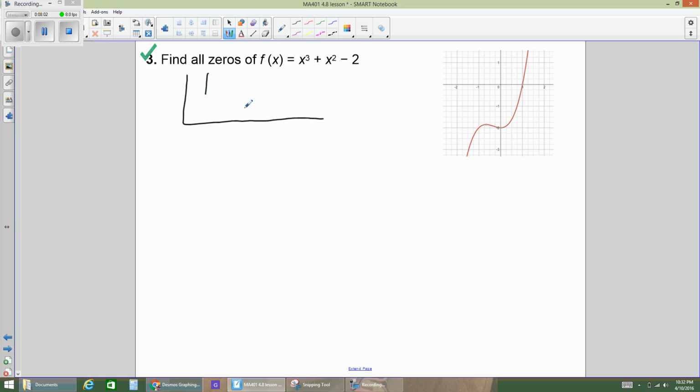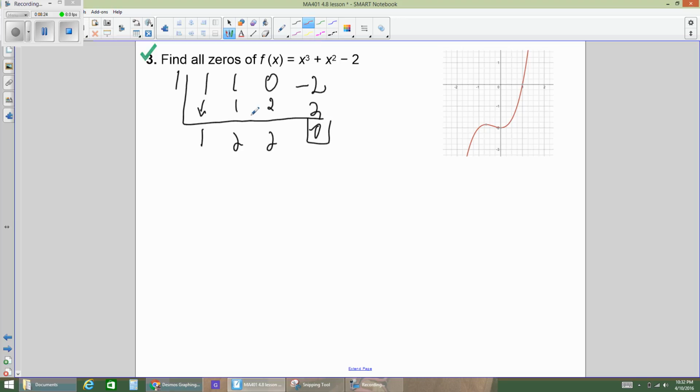I've got a 1 for my x cubed, a 1 for my x squared, a 0 for my x's, and a negative 2. Bring down your 1. We're going to do synthetic division with that 1. Multiply and add, multiply and add, multiply and add. We get 0, so it works.